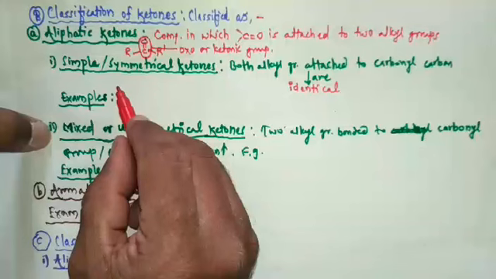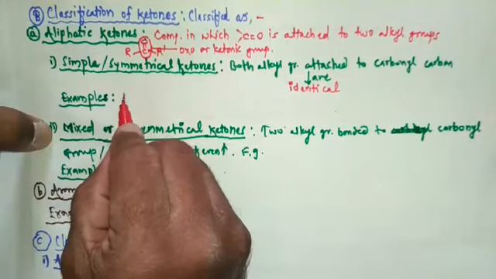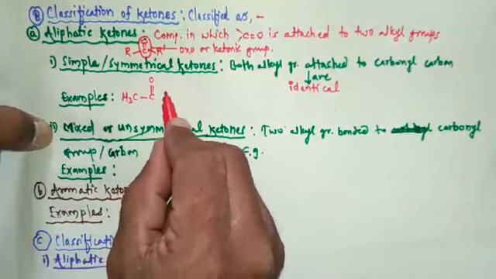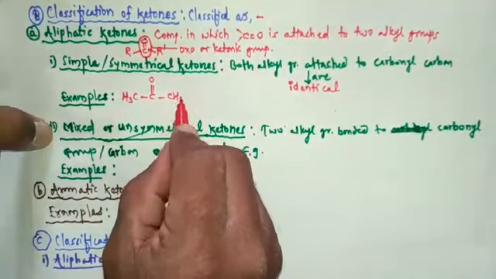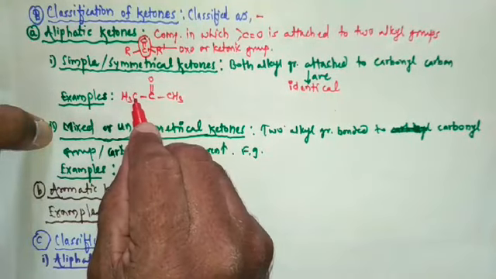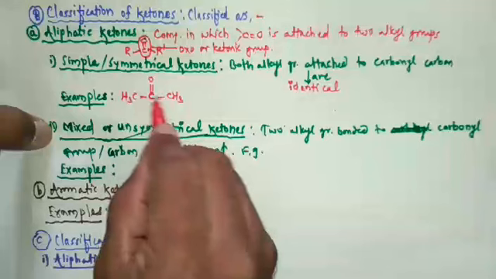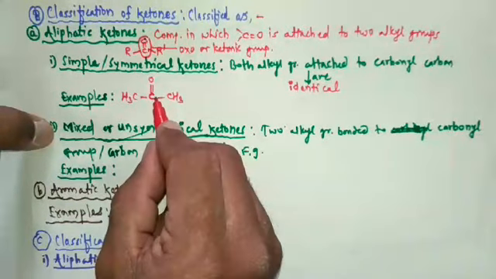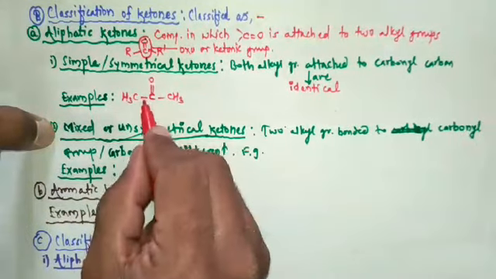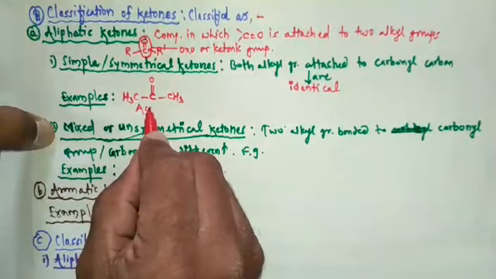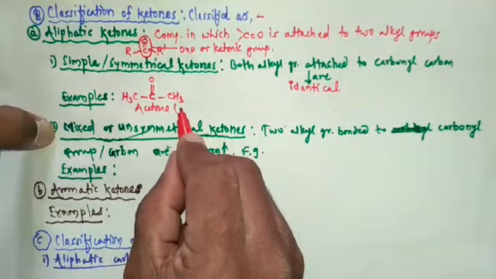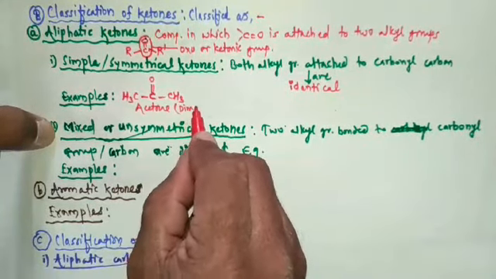Let's take examples. H3C, C double bond O, CH3. To this carbonyl carbon, two identical groups, that is two methyl groups, are attached. So this is an example of a simple or symmetrical ketone. Its common name is acetone, or its IUPAC name is dimethyl ketone.